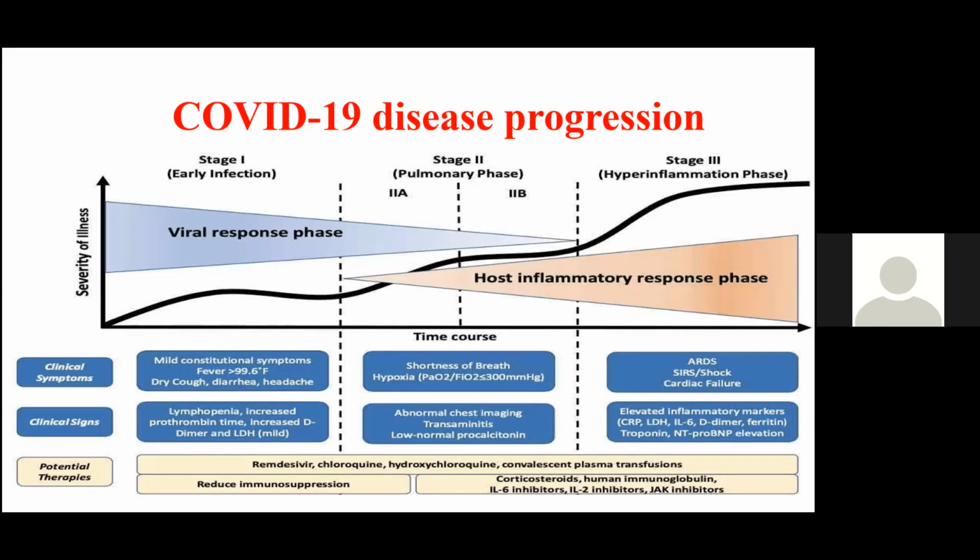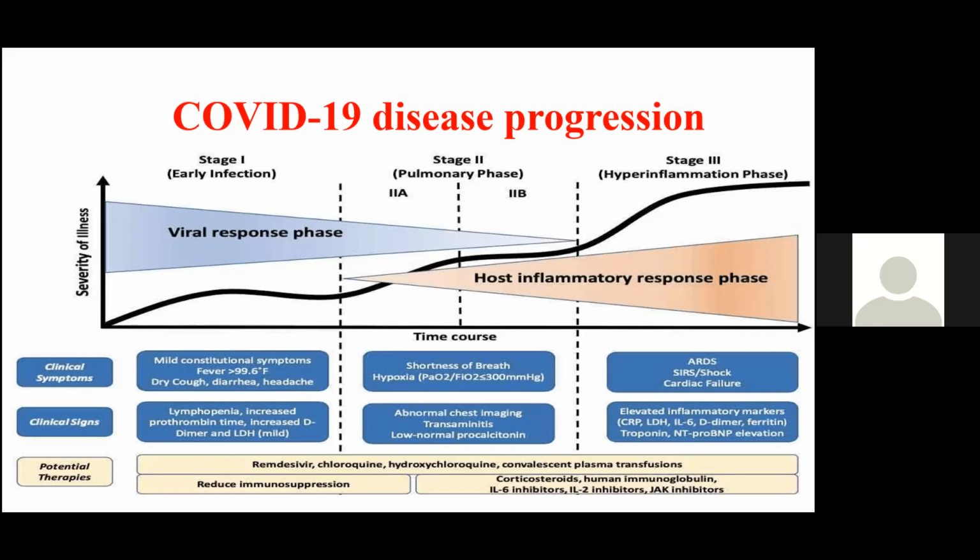And when you look at their lab results, you will see lymphopenia, increased prothrombin time, increased D-dimer if your laboratory is able to do it, and increased LDH.